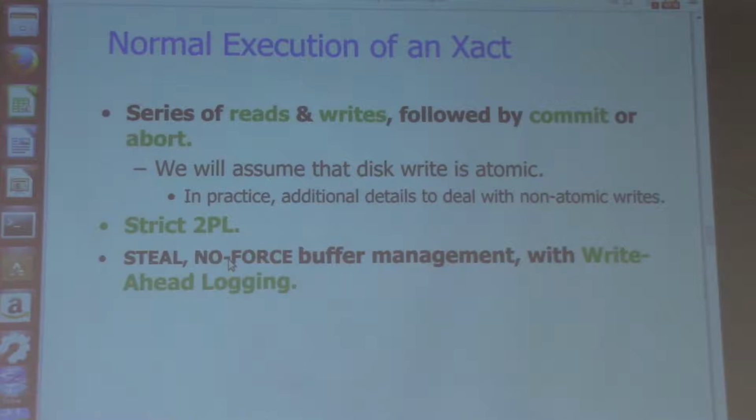And we use steal/no-force logging and we use write-ahead logging. Write-ahead logging basically means what? That's write-ahead logging. The page LSN must be less than or equal to the flushedLSN when you try to write that page, of course.